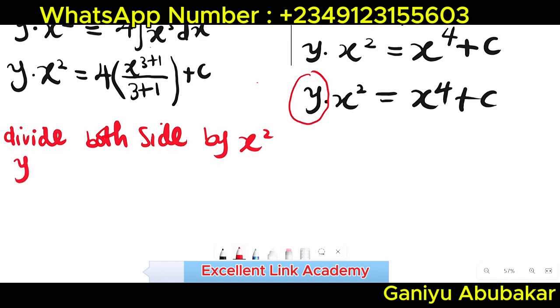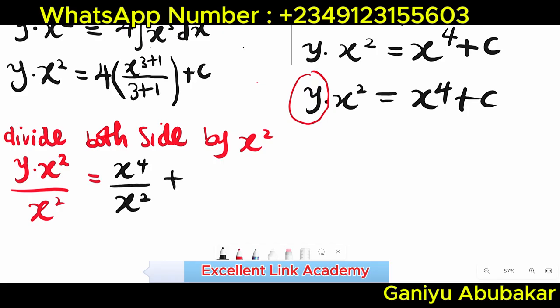That gives you y dot x squared all over x squared is equal to x to the power 4 over x squared plus c over x squared.